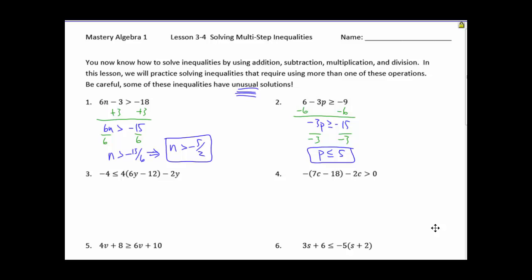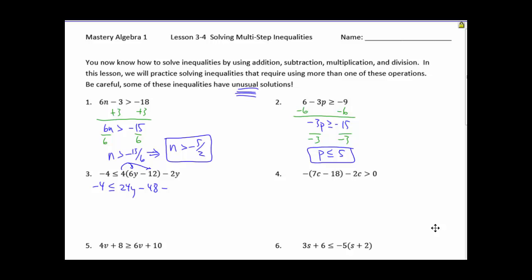Okay, 3. Now we have parentheses. So remember, let's remove the parentheses by your favorite property, distribution. Make sure you distribute the 4 to both the 6 and the 12. So we get negative 4 less than or equal to 24y minus 48.